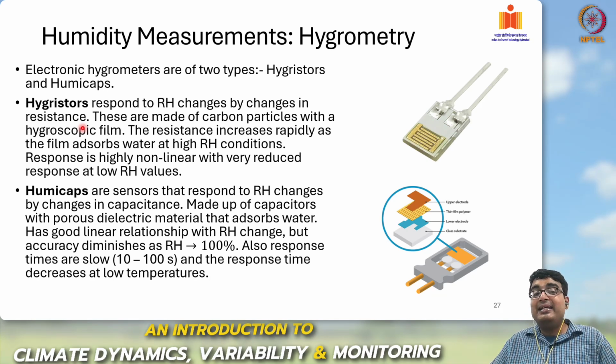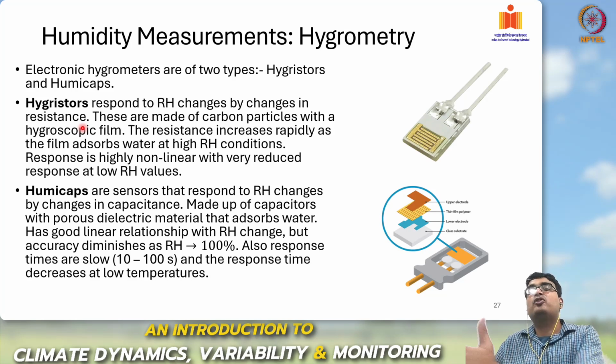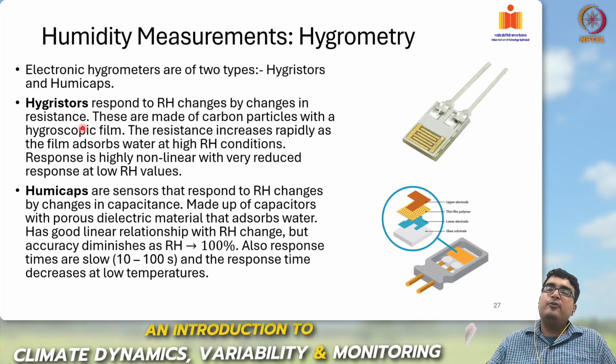Response is highly nonlinear with very reduced responses at low RH values. So this is very good at high RH cases, very sensitive to changes in RH when relative humidity is moderate to high. At very low RH concentrations, it's not very sensitive at all. So that needs to be taken into account.